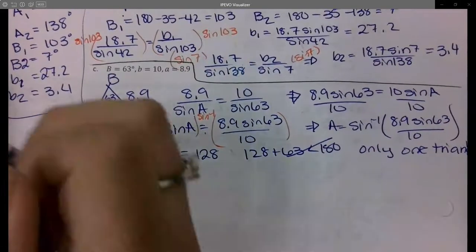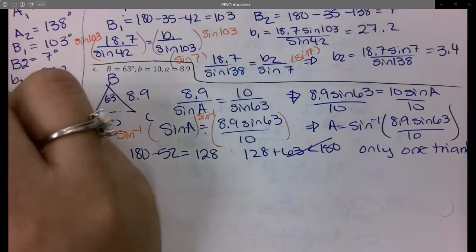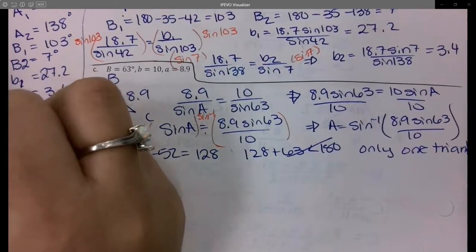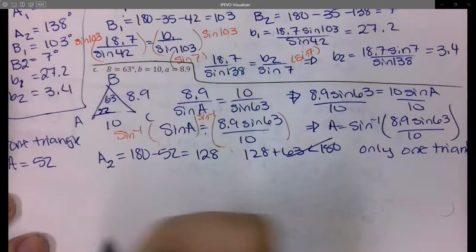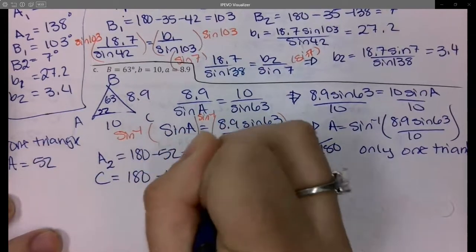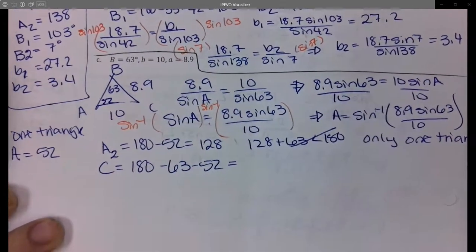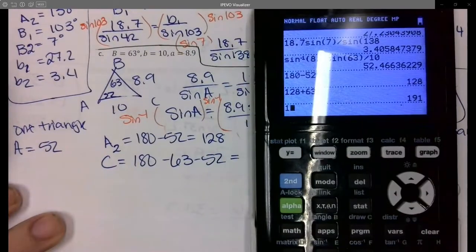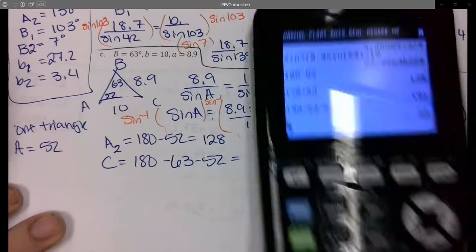So then I only need to solve for one. This is 52, so then to find C, it's 180 minus 63 minus 52, which gets me 65.